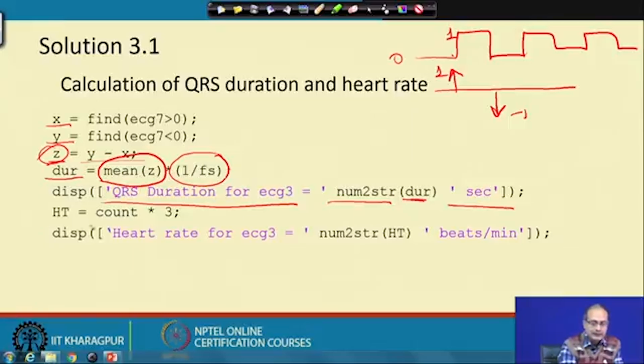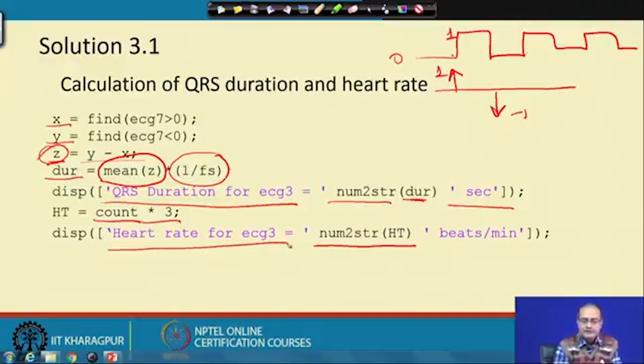And the count that we got is for 20 seconds, so to get the number of counts per minute, we need to multiply it by 3 to estimate the value for 1 minute. So, HT has the count for 1 minute. Again we use the number-to-string function to display the heart rate for ECG 3 in terms of beats per minute.